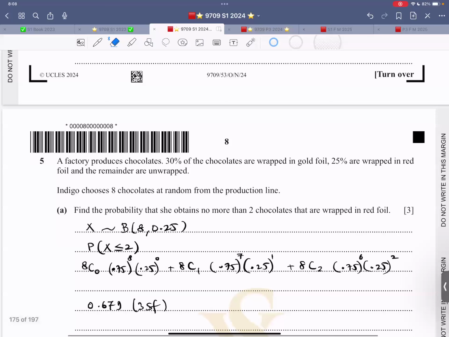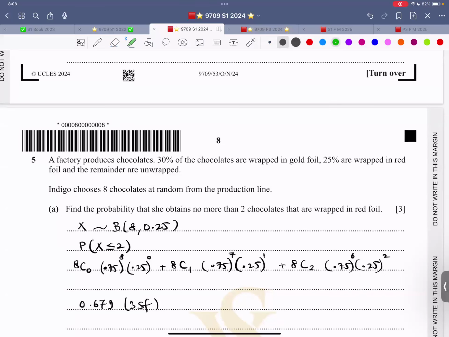Let me use the same colors over here. This 25% is for red, 30% is for blue. So make sure you don't mix it up, because they space it out in such a way that people do mix it up, and that's unwrapped, and that is the remainder. This remainder is 45%.